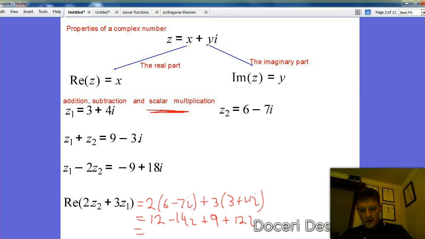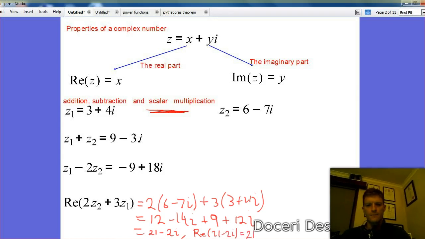Now here we need to determine the real parts, so that gives us 12 and 9 is 21, and the imaginary parts is negative 2i. And from that we're after just the real part of that number. So the real part of 21 minus 2i is the number 21, the first part.